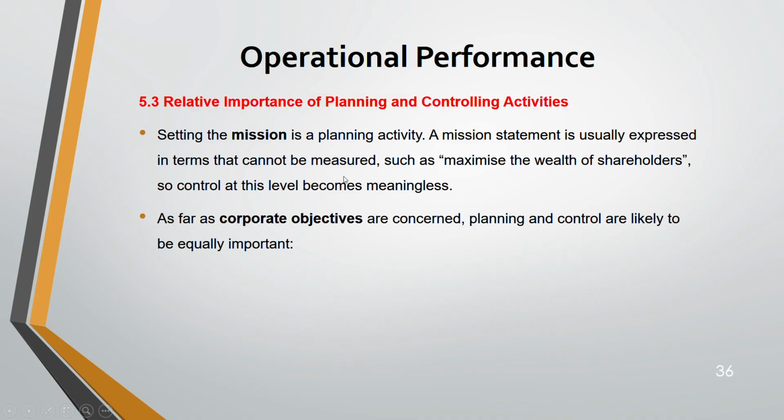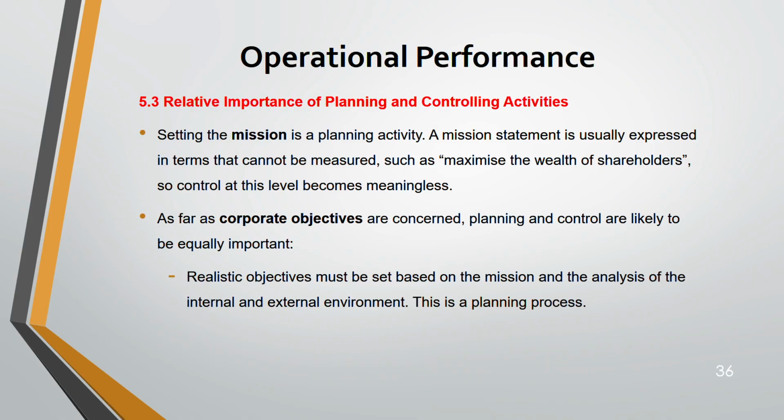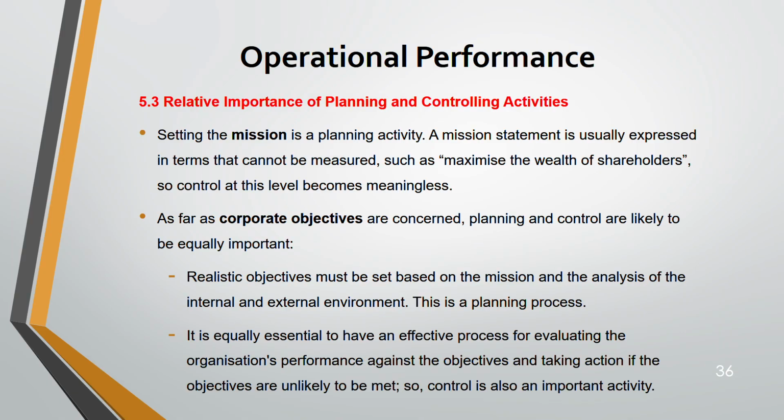Next, corporate objectives. Both planning and control are required here. So realistic objectives have to be set, based on your mission, and analyze the internal and external environment. So analyzing internal and external environment is a planning process. And to have an effective process for evaluating the organization performance against the objective, you have to take action. So here control is also an important activity.